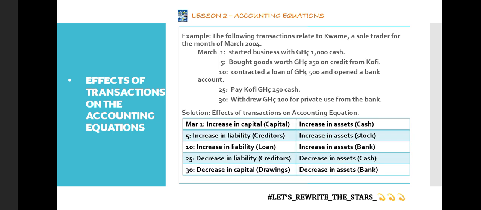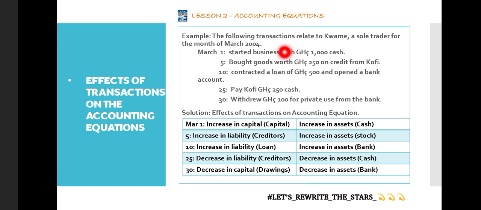With the solutions, on the 1st of March, he started business with 1,000 Ghana cedis cash. So first, we have to identify the two parties involved within this transaction. Whenever you hear the words started business, that means the owner is starting business.